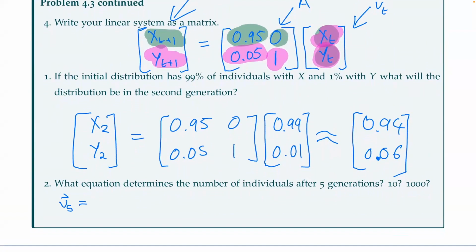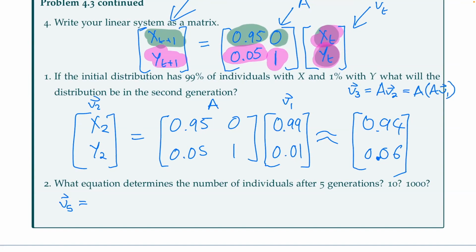Well, every time, if I take the population generation 1, this is my v1 here, this is my v2 here, and this is my matrix A. If I want to work out what the population is going to be in the 3rd generation, v3, I need to multiply the population in v2 by A. But this, we know, is going to be A times A v1.